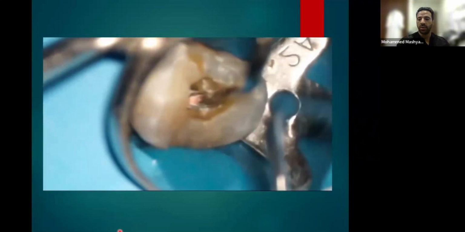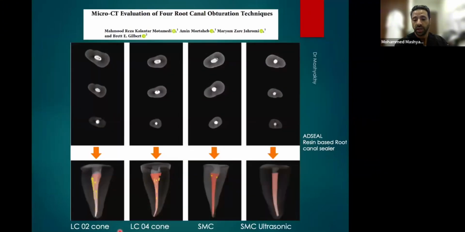You see how beautiful that obturation is, and very quick. He used bioceramic sealer and a single matching cone that fits nicely.